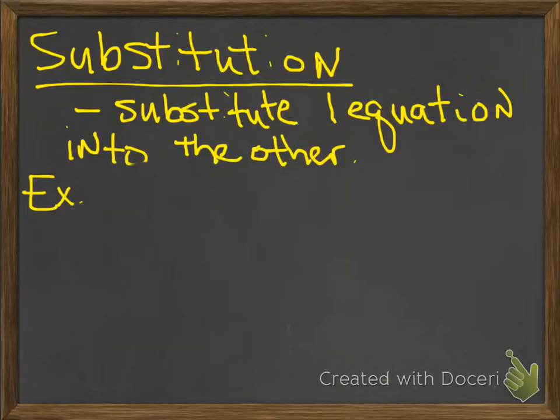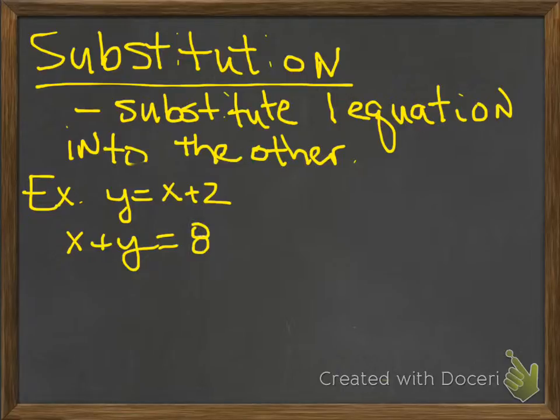So, for example, let's take this example. y is equal to x plus 2 and x plus y equals 8. If you notice, the y is all by itself.